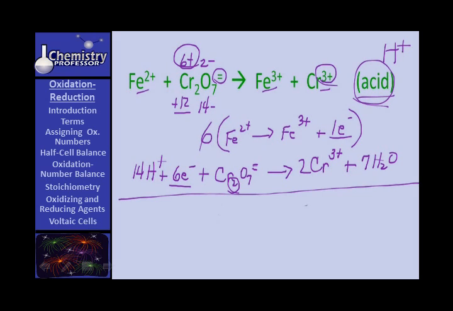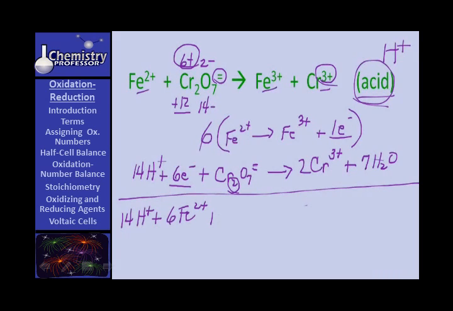Now we're ready to look at our total equation. We have 14 hydrogen ions plus 6 Fe+2s. And the order in which you write these really doesn't matter.